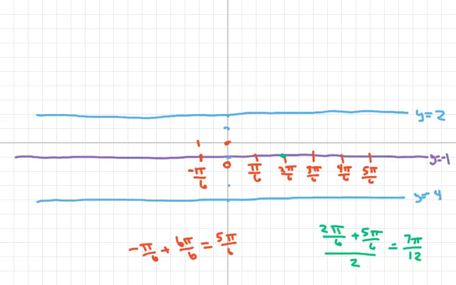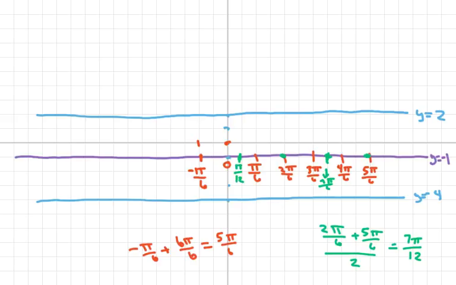And that occurs right here. So I'm going to draw this down. This is 7 pi over 12. I'm going to put some dots here, some points. And the other one is going to be right here, which is pi over 12.